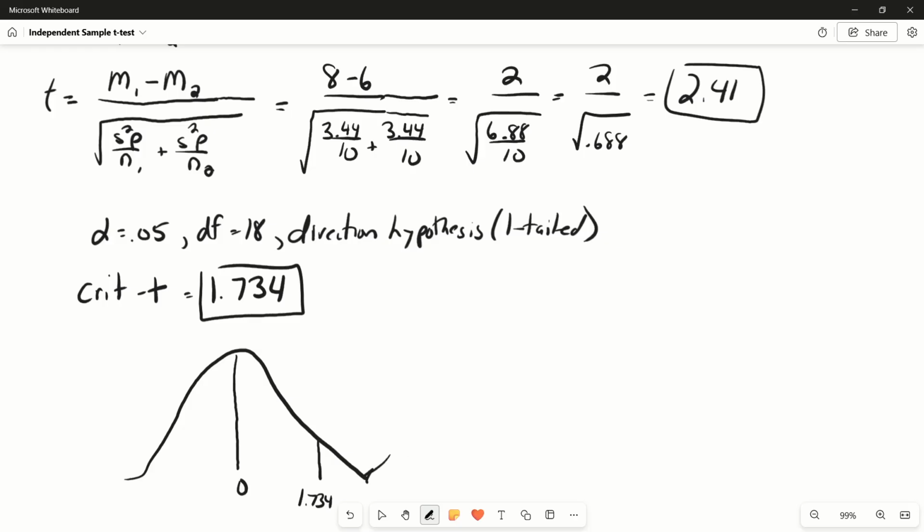We know that 2.41 is in the tail, right? So since our obtained value is more extreme than our critical value, because 2.41 is more extreme than 1.734, we are going to reject the null. And when we reject the null, we conclude that the hormone X increases sexual behavior in rats.